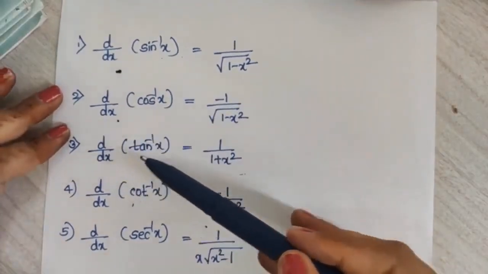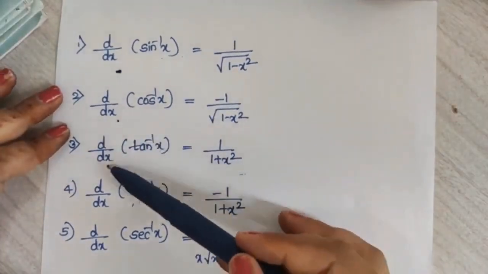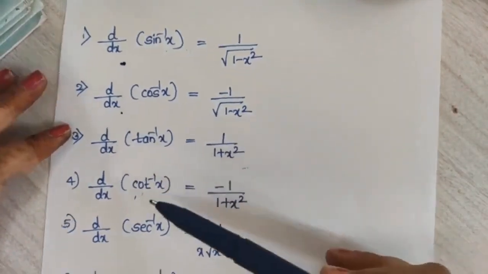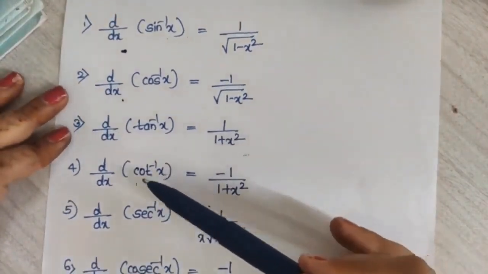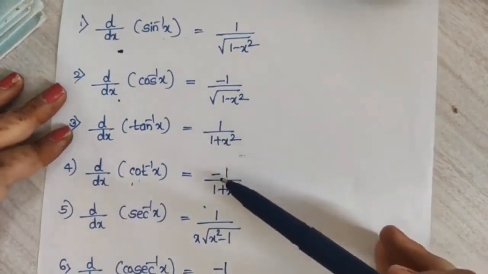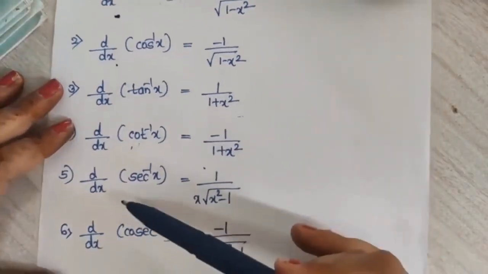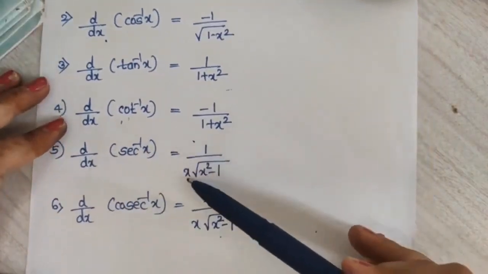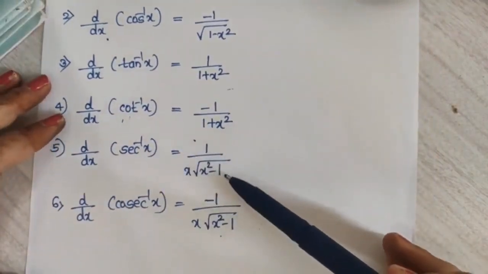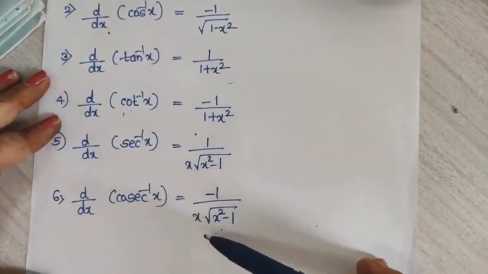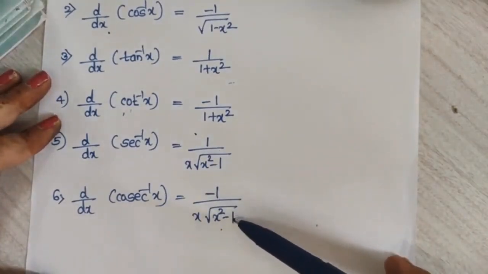Similarly, differentiation of tan inverse x with respect to x is 1 divided by 1 plus x square, and differentiation of cot inverse x is minus 1 divided by 1 plus x square. So again the change is of minus here. Next, differentiation of sec inverse x is 1 divided by x into root of x square minus 1, and differentiation of cosec inverse x is minus 1 divided by x into root of x square minus 1.